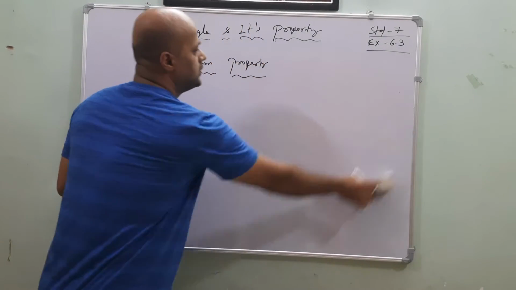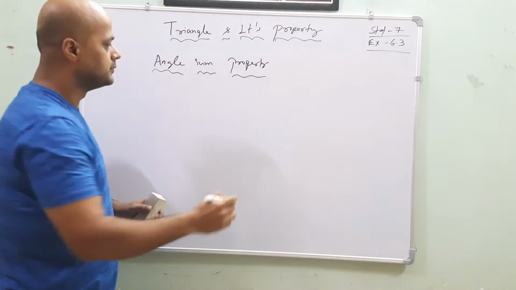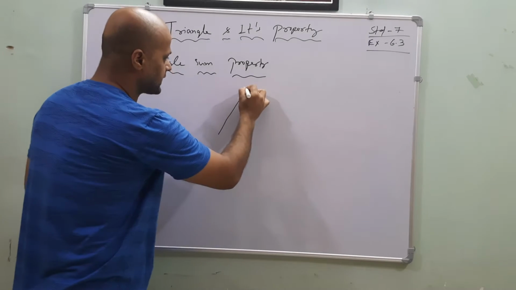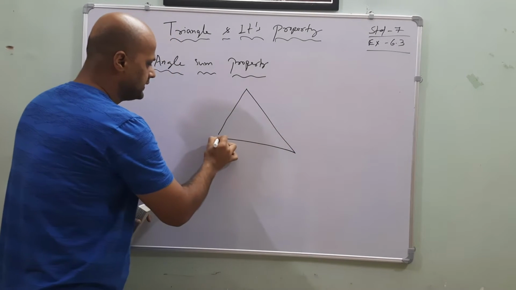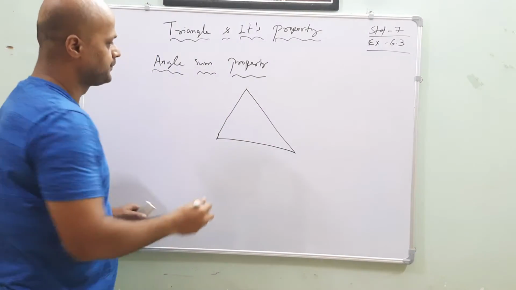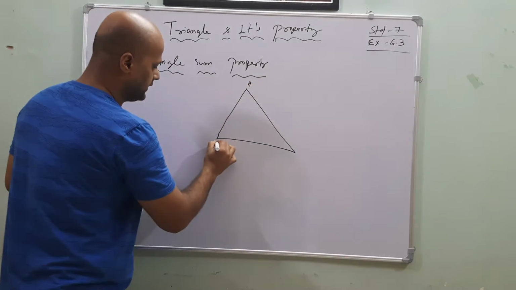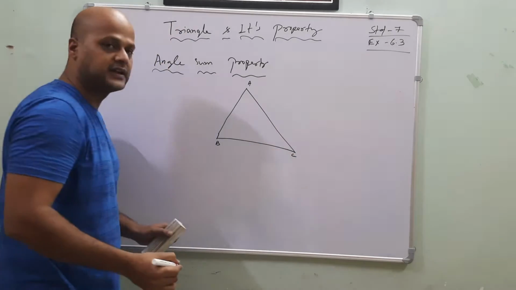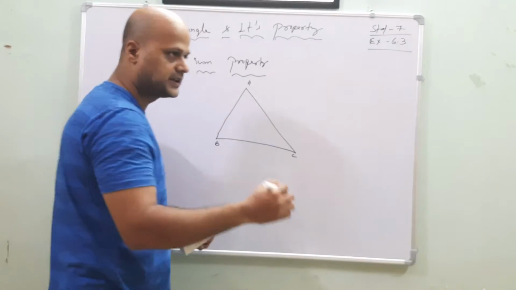The meaning of angle sum property is nothing but it's saying that in a triangle, how many interior angles are there? 3. So let's name it A, B, C. How many angles are there? 3 angles, 3 vertices, 3 sides.